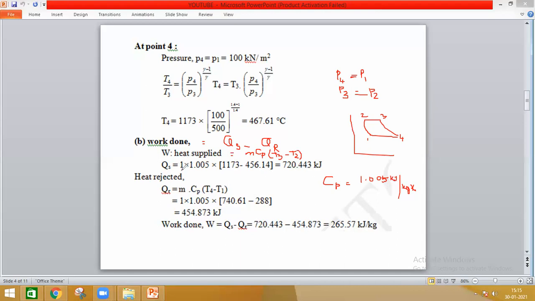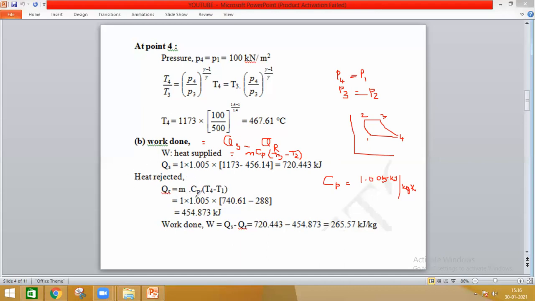We are considering unit mass, so M is equal to 1. So 1 into 1.005 into 1173 minus 456.14. So we will be getting the value of heat supplied as 720.443 kilojoules. Clear?